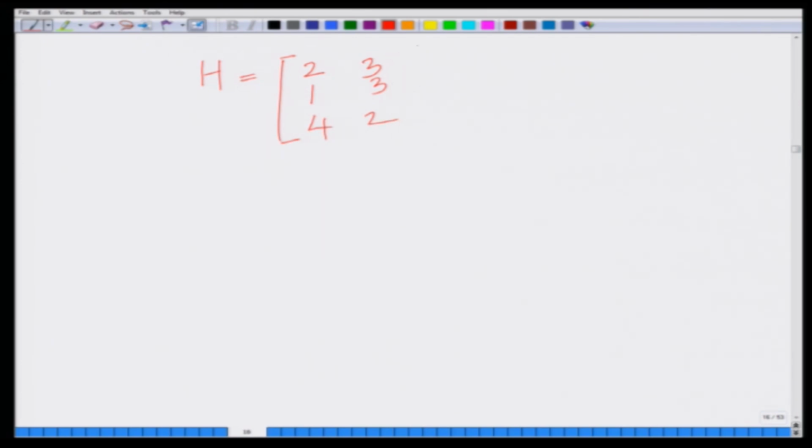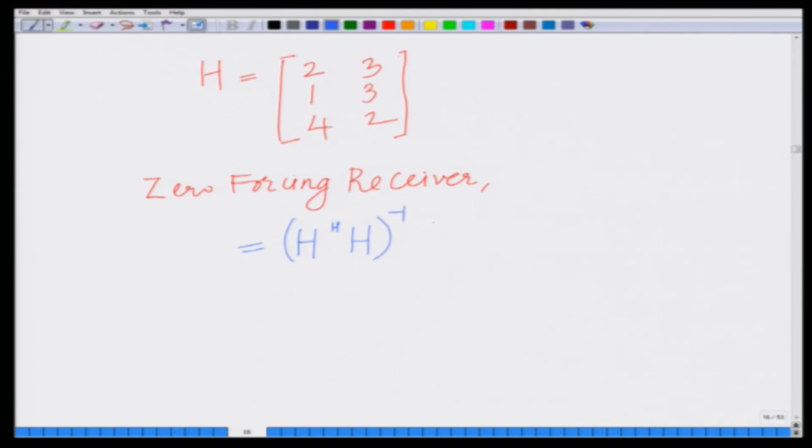Therefore, our zero forcing receiver is equal to H Hermitian H, or H transpose H since H is real, inverse, times H Hermitian y bar.